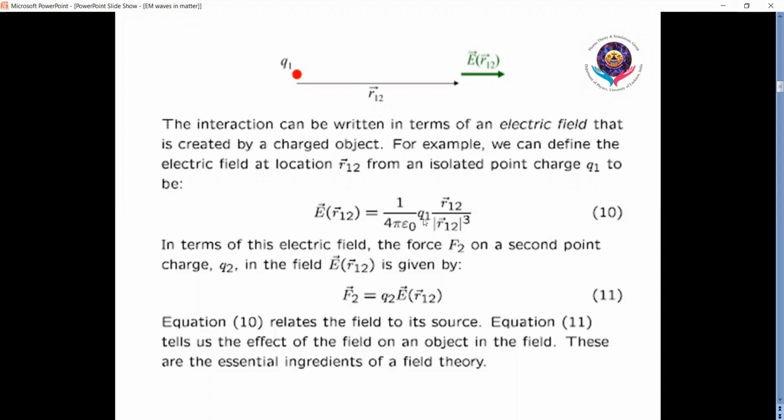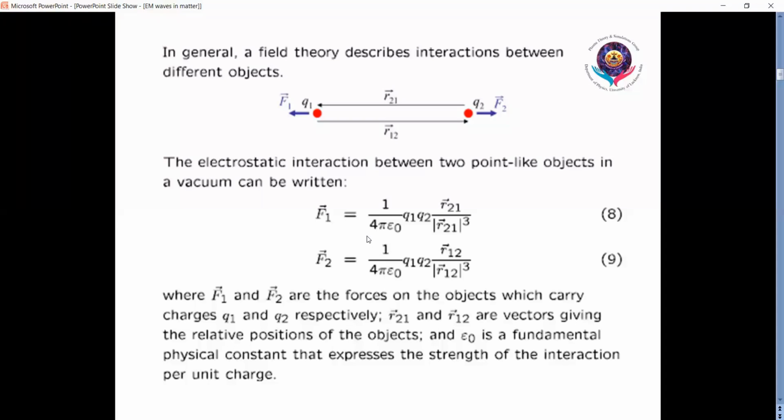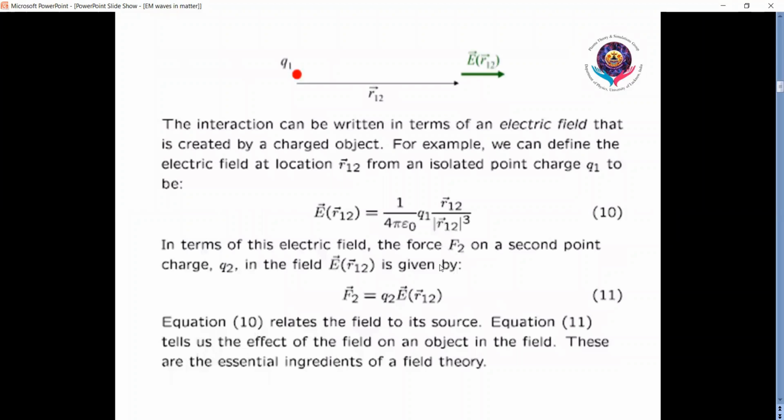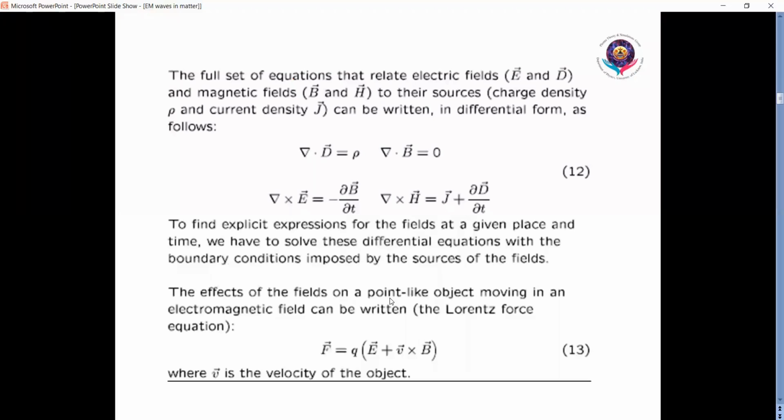You see in this equation, if we multiply this equation by Q2, it will be the same force that we have written on the previous page. So this is how force and electric fields are related. We have already studied this. This is called the Lorentz force, and the equation is called the Lorentz force equation.